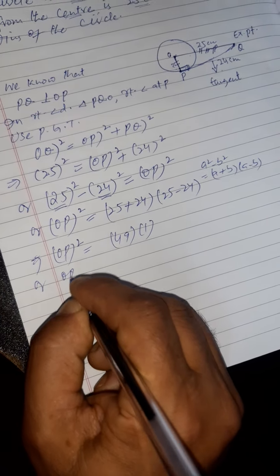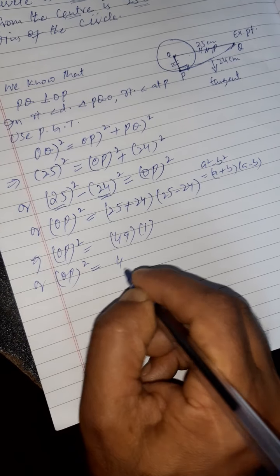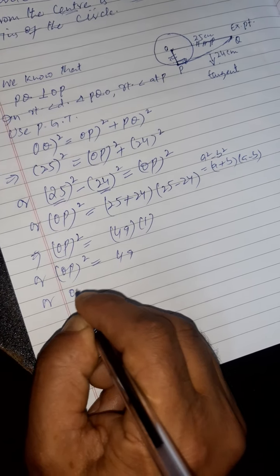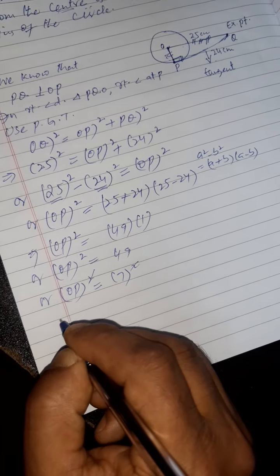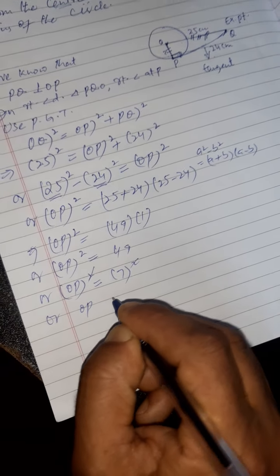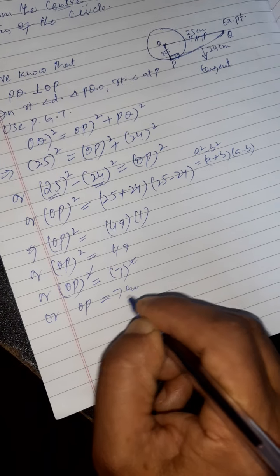Or I will write it as OP square is equal to 49, or OP square is equal to 7 square. Square and square cancel out, so what we get is OP equal to 7 centimeter.